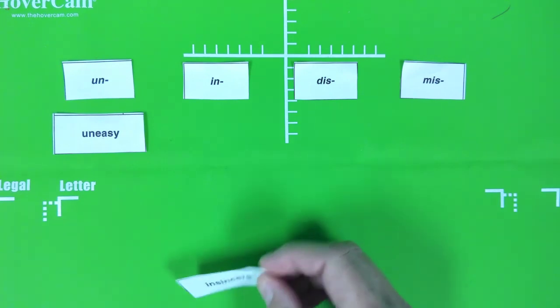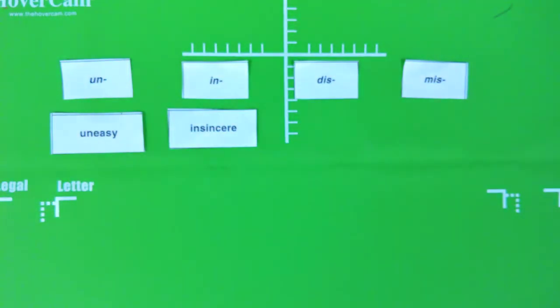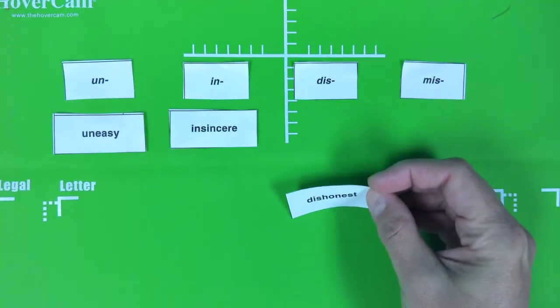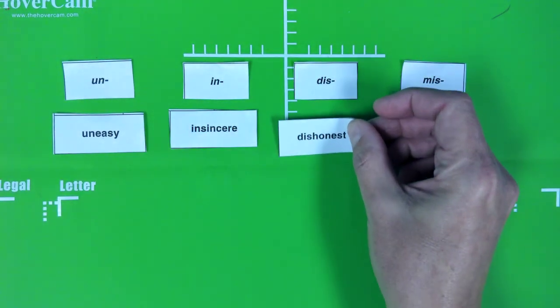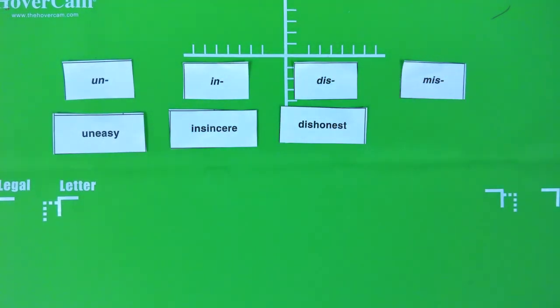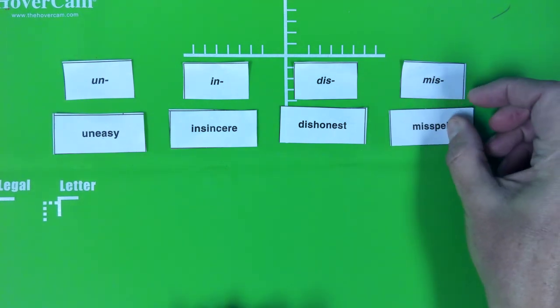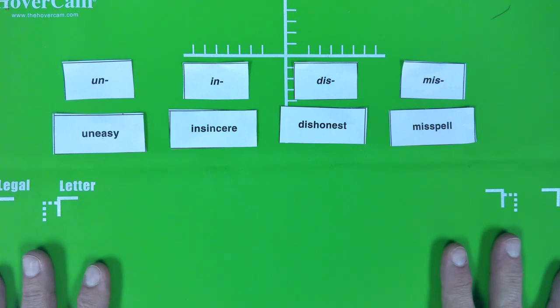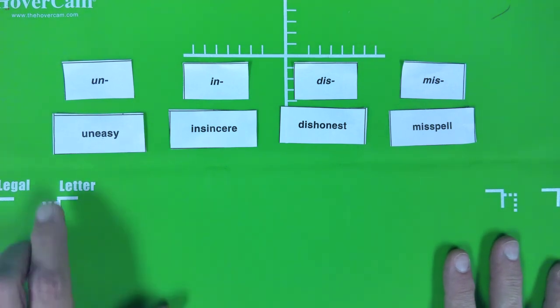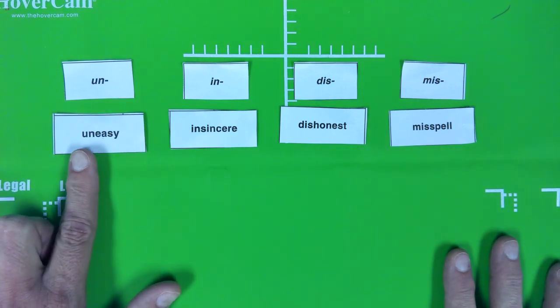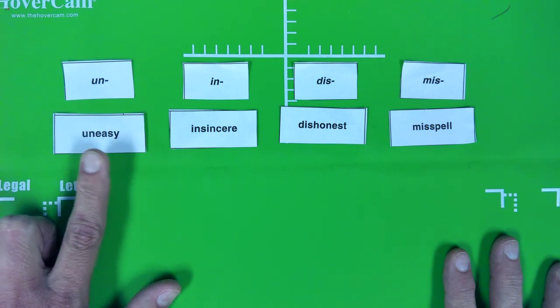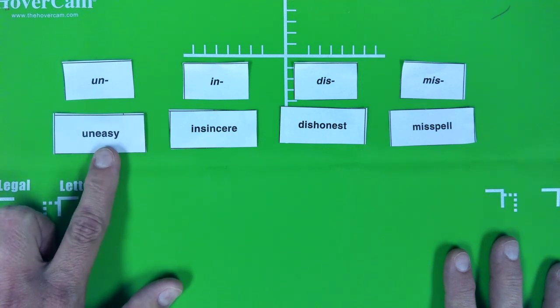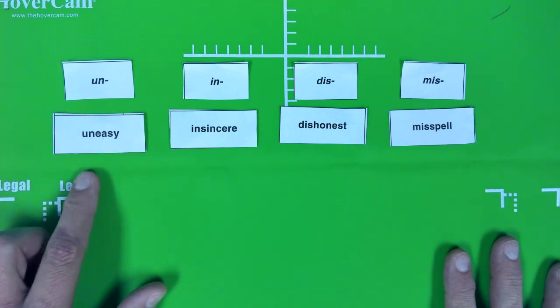The anchor word for the in prefix is insincere. The anchor word for the dis prefix is dishonest. And the anchor word for the mis prefix is misspelled. Okay, I know that these are the anchor words because they're bolded, but also it has that prefix in front of the base word.